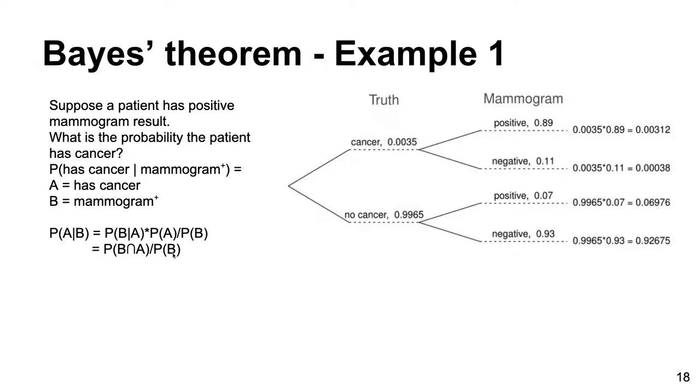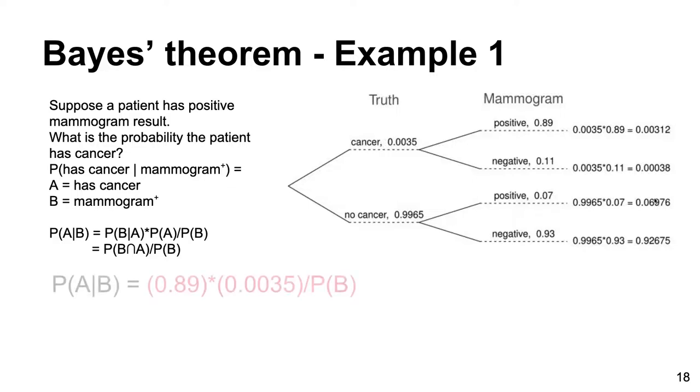So here I've rewritten my Bayesian formula like this. The probability of A given B is equal to the probability of their intersection, that's 0.00312, divided by the probability of B. And that's what we calculated on the previous page. It's the sum of this number right here and that number right there.